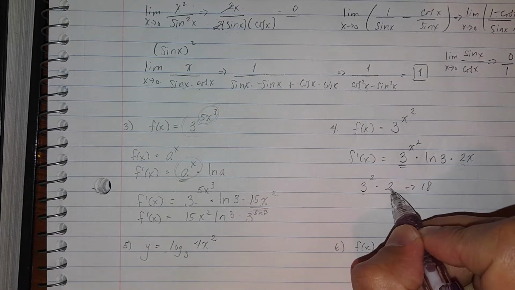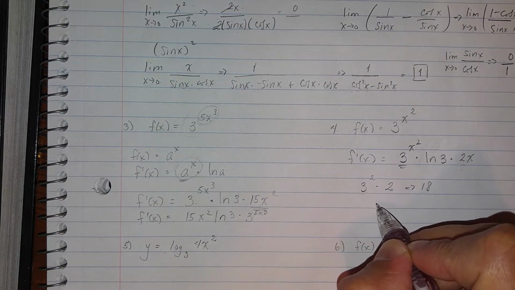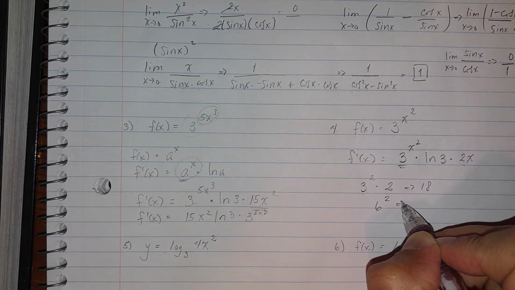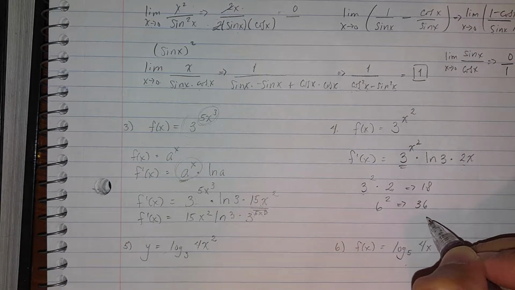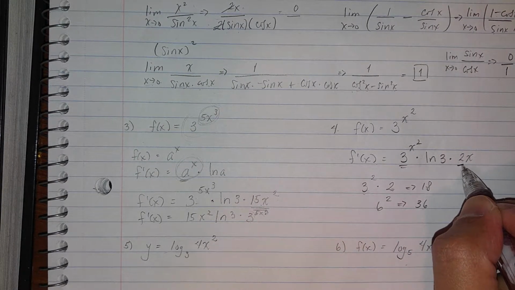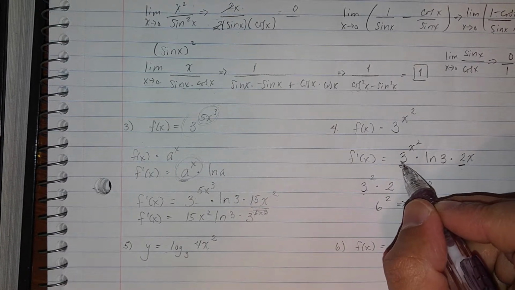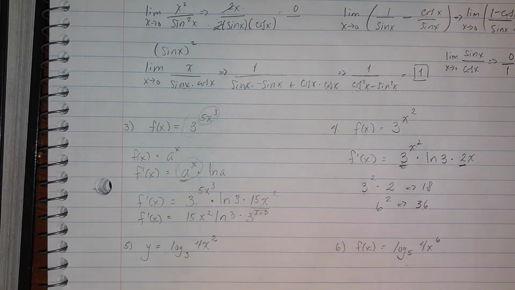If I multiply 2 times 3, that gives me 6 squared, and that's actually 36. These are not the same values. That's why we don't multiply the 2 and the 3. The base goes along with the exponent.